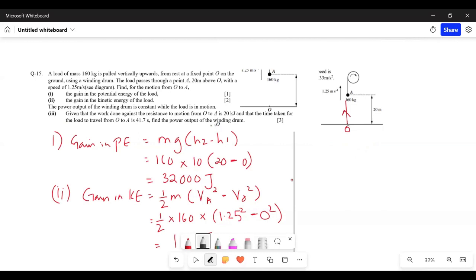The power output of the winding drum is constant while the load is in motion. Given that the work done against the resistance to the motion from O to A is 20 kilojoules and the time taken for the load to travel from O to A is 41.7 seconds, find the power output of the winding drum.